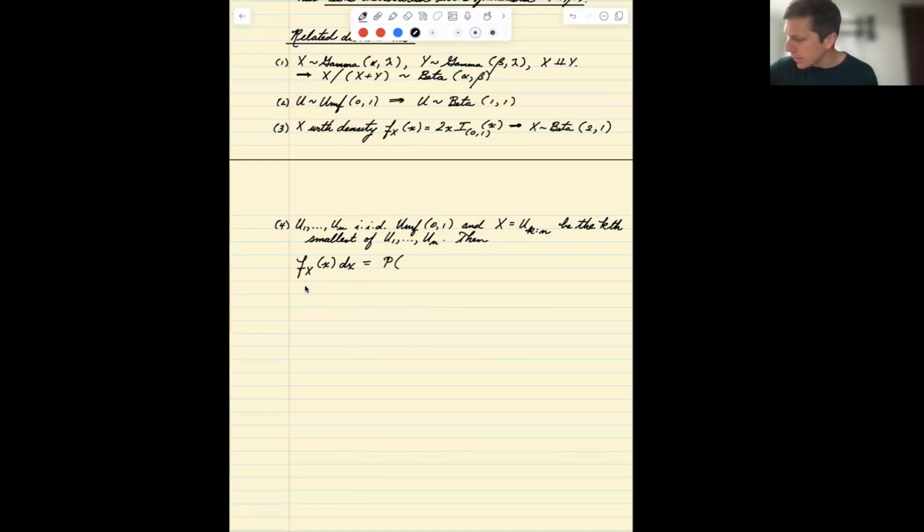So we're thinking about the probability that X is very close to x.